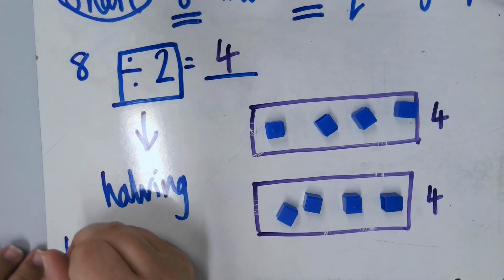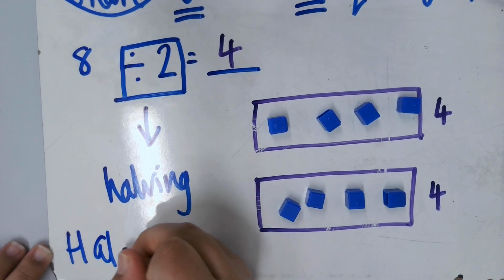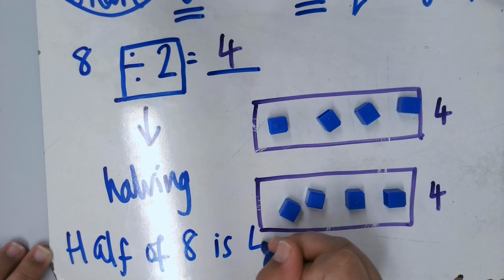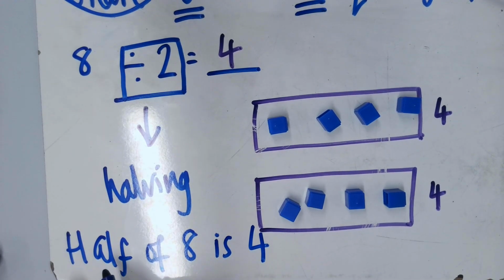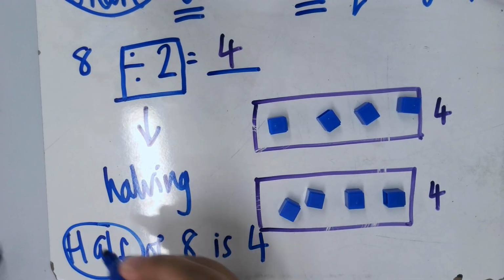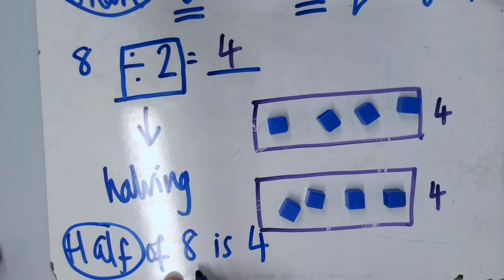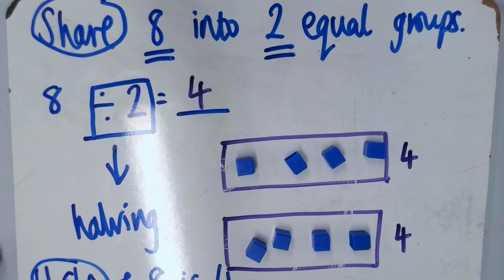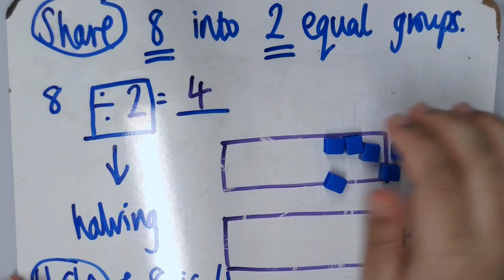I could just write that half of 8 is 4. That means 8 divided into 2 groups will give me 4. Half of 8 is 4.